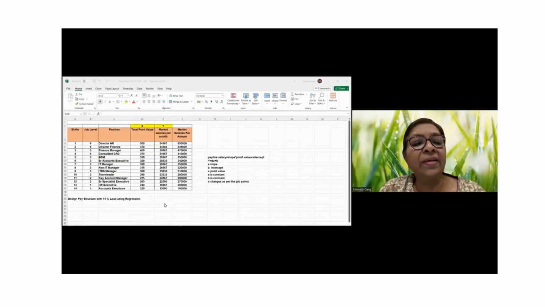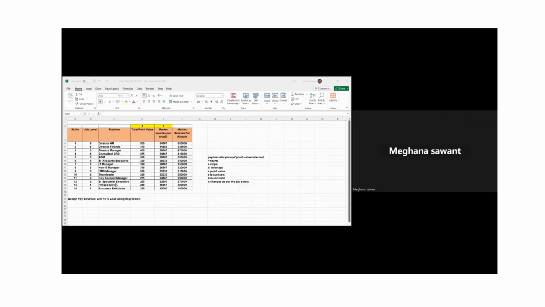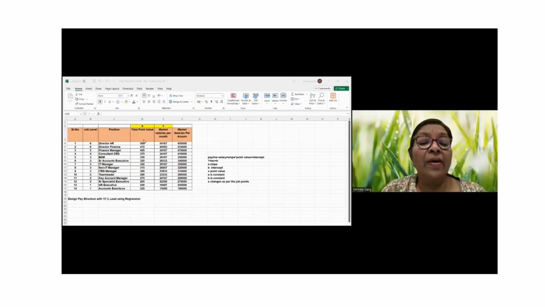So if you can see now, this is the compensation data. I don't know how many of you are familiar with compensation data. It has a list of positions. Can you see the list of positions? It also has the point value. What is point value?